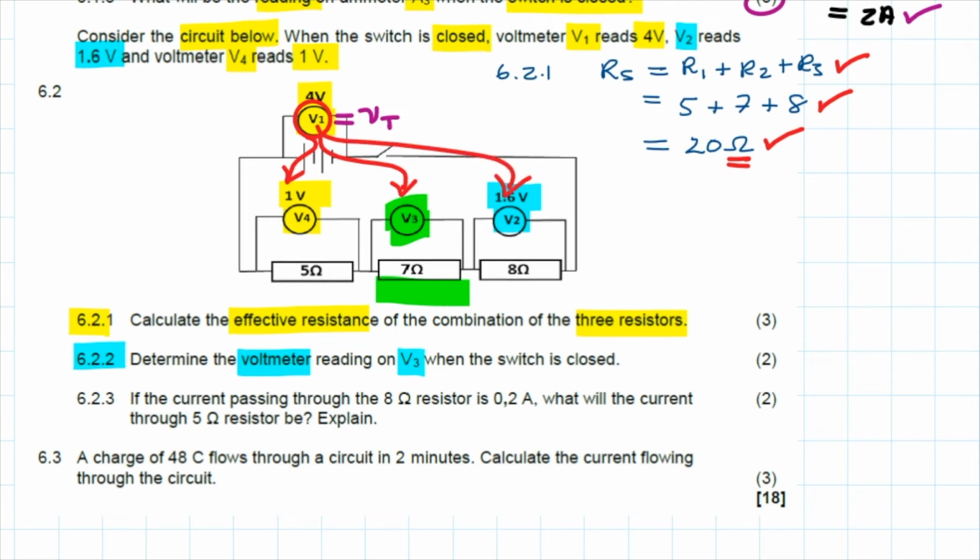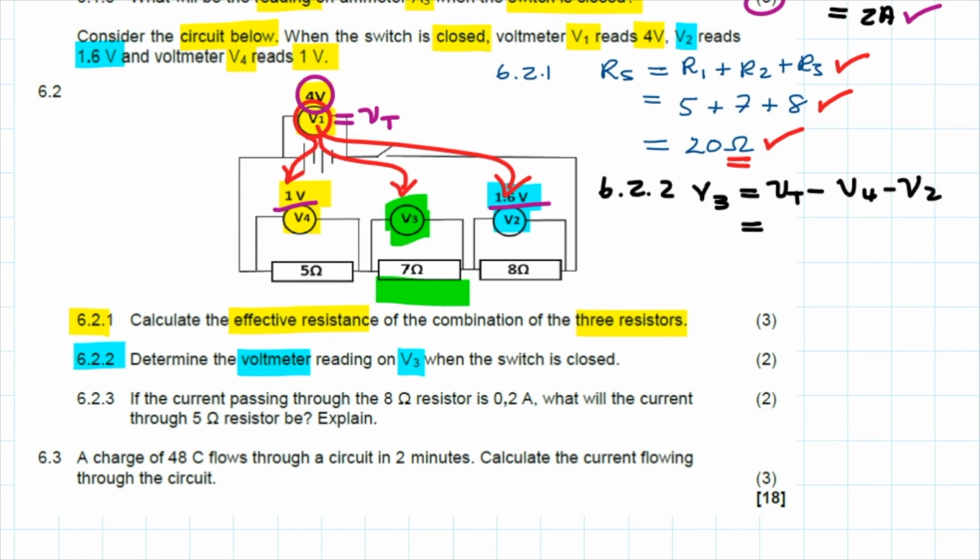As you can see from the 4 volts, we have 1 volt going here and 1,6 volts going to the right-hand side. So the leftover will go to the 7 ohm resistor. We can therefore simply say for 6.2.2 that the potential difference across or measured by V3 is equal to Vt minus V4 minus V2.